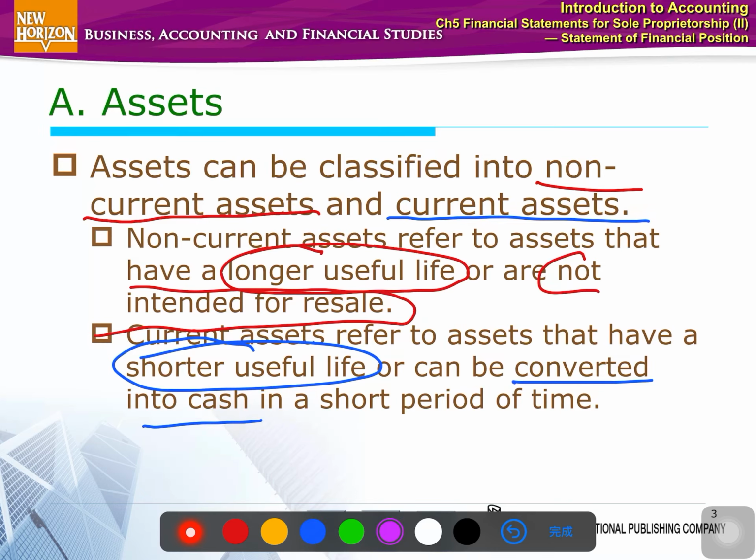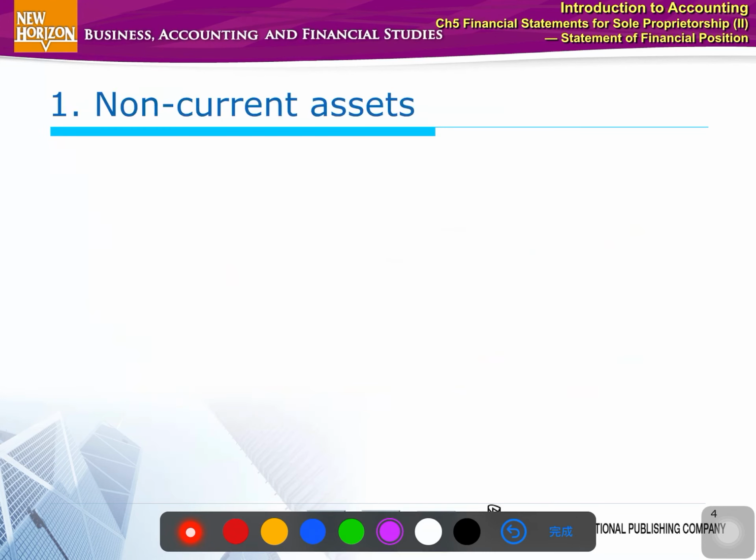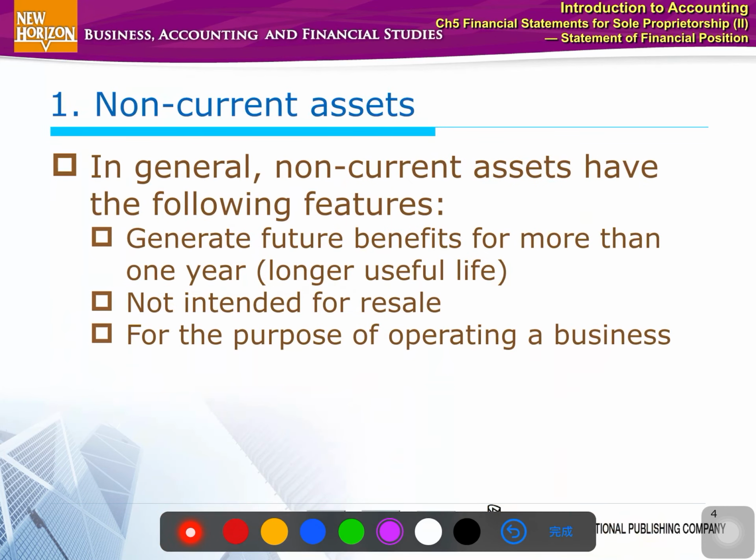To answer this question, we use 1 year to determine. If less than 1 year, it's called shorter. If longer than 1 year, we use longer. So less than 1 year is current assets, longer than 1 year, non-current assets.